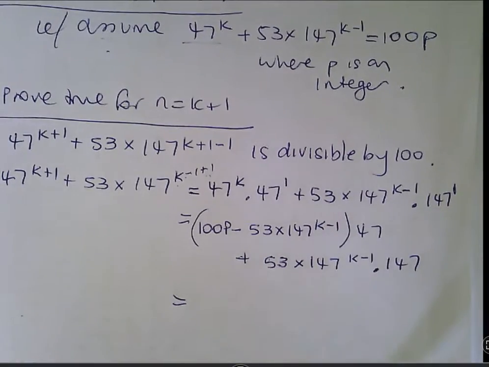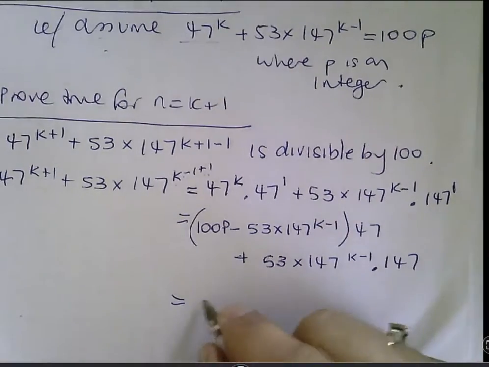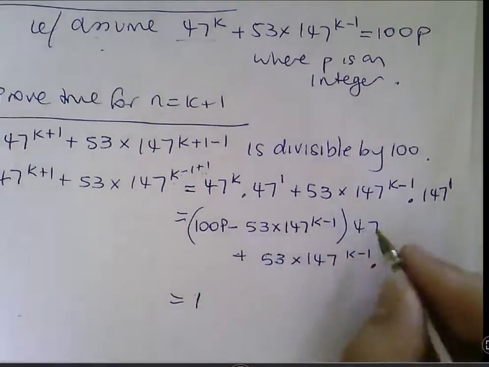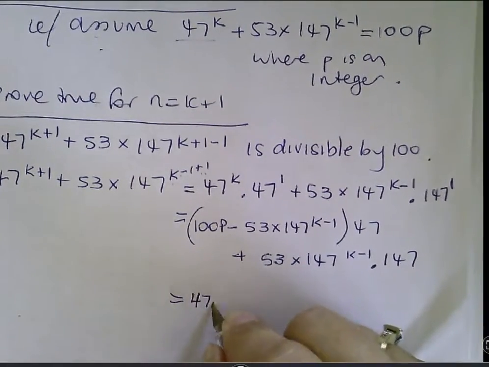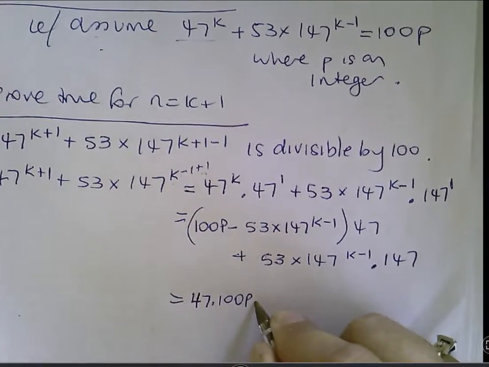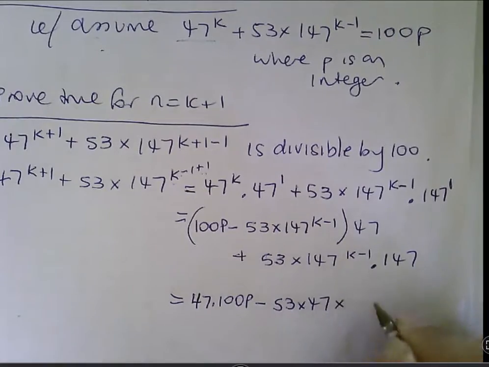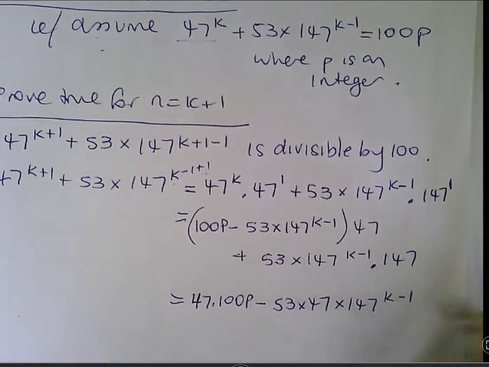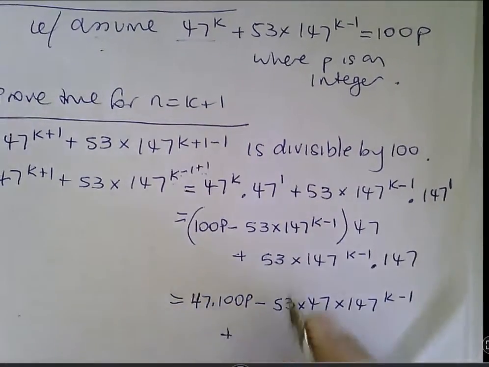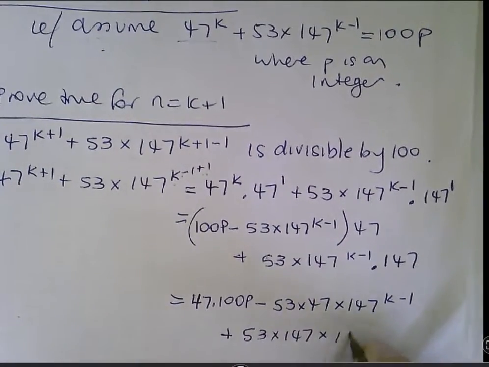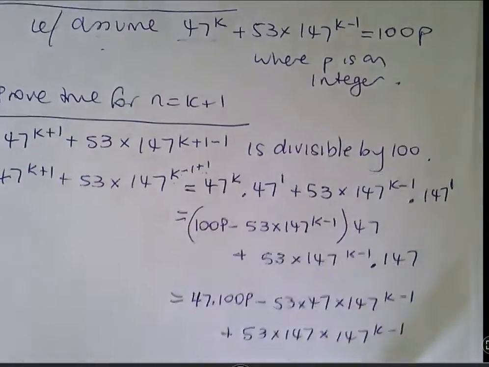All right, let's expand. We're trying to prove that it's divisible by 100, isn't it? So I'm going to go 47 times 100p minus 53 times 47 times 147 to the k minus 1 plus 53 times 147 times 147 to the k minus 1.